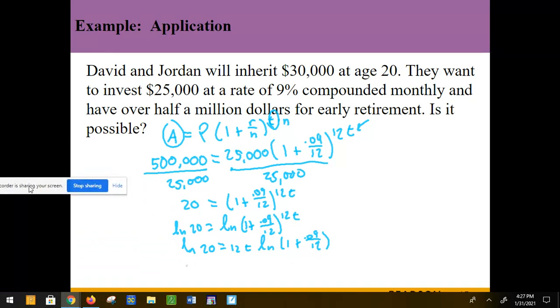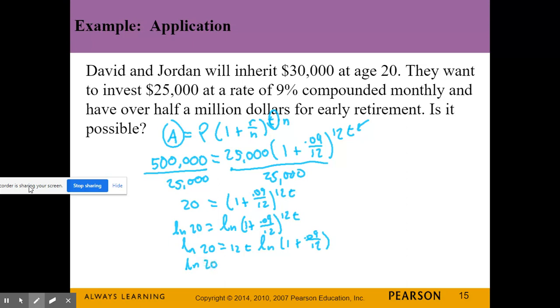So now I've got natural log of 20 divided by natural log of 1 plus 0.09 over 12 equal to 12t. So that means t equals natural log of 20 divided by natural log of 1 plus 0.09 over 12, all divided by 12.